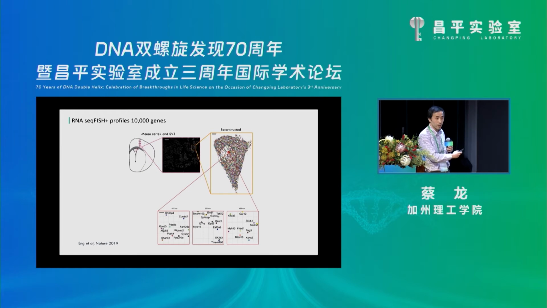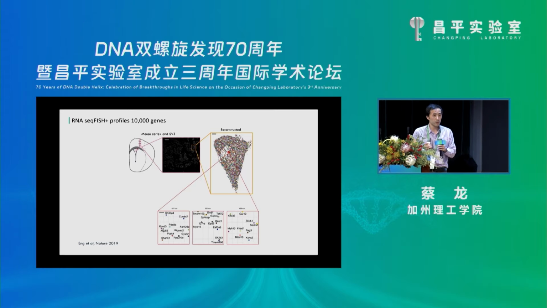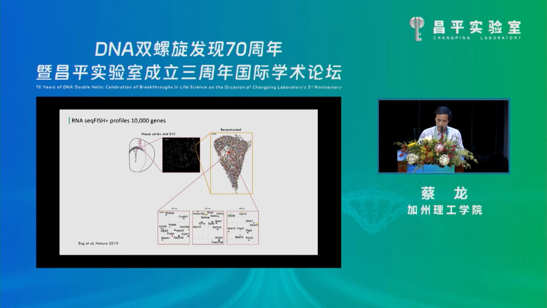Okay, so we apply this method to looking at mature transcripts, and we can look at this mouse brain slice, zoom into this region, look at different cells, zoom into this cell, which is a pyramidal neuron, and then zoom in further and directly decode the different transcripts present in that particular region in the tissue. Each one of these grids is 100 nanometers, so we can really resolve the subcellular localizations of these transcripts in situ.